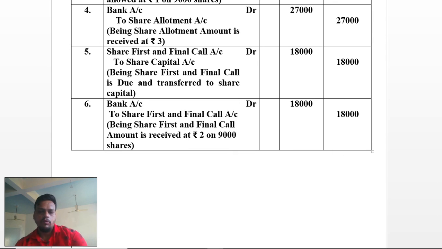In the next lecture we will see the four features, as we have seen all the basic entries and all the terms related to this, as we have gone with share issue at par, discount and premium. We have completed one question for each, and then one question particularly on calls in arrears and calls in advance, and one question related to how to prepare a cash book from particular journal entries.